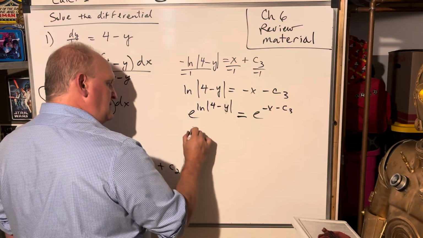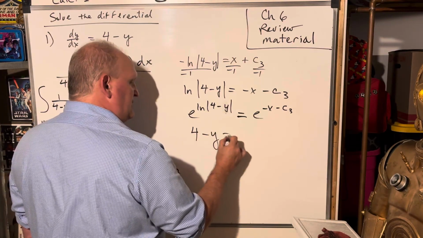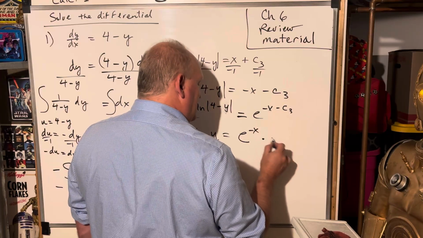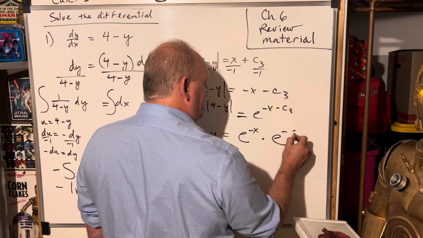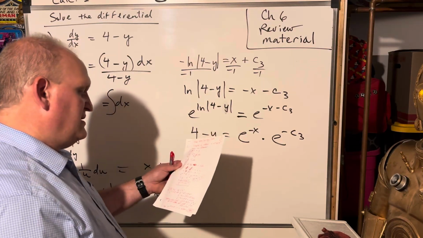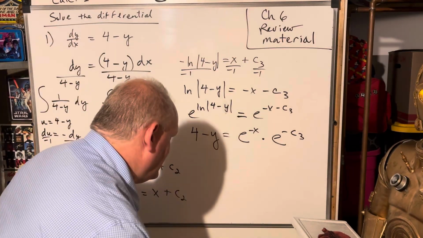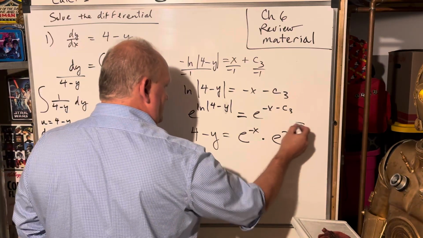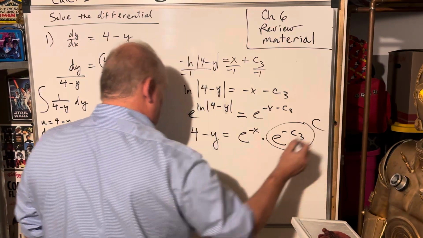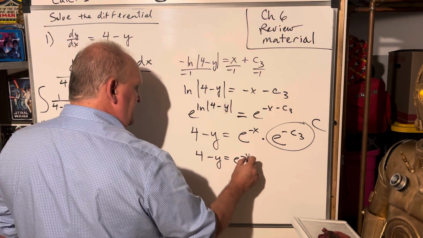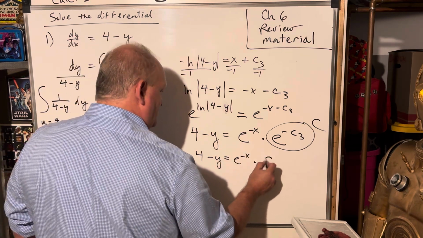So this is 4 minus y, we just bring that down. This is e to the negative x times e to the negative c3. But e to the negative c3 is just yet another constant, so we're just going to call that capital C. So you got 4 minus y is equal to e to the negative x times C.